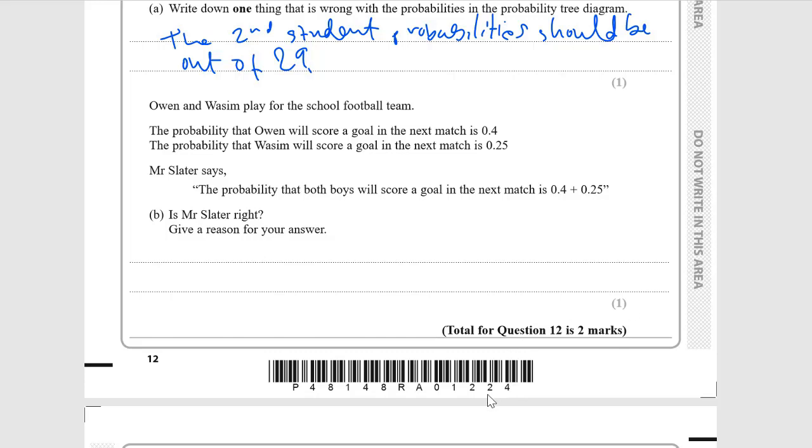So Mr. Slater is not right, so no, and that's because the probability that they both score cannot be more than one of them scoring.